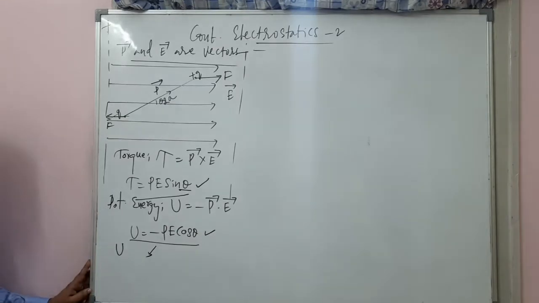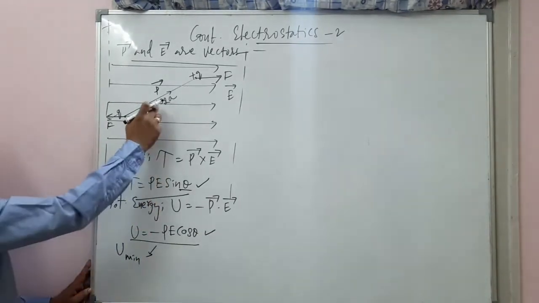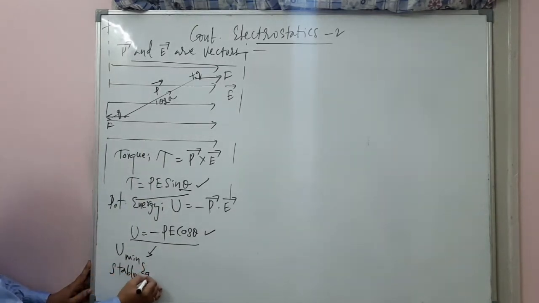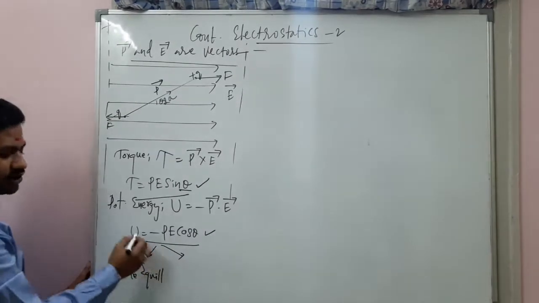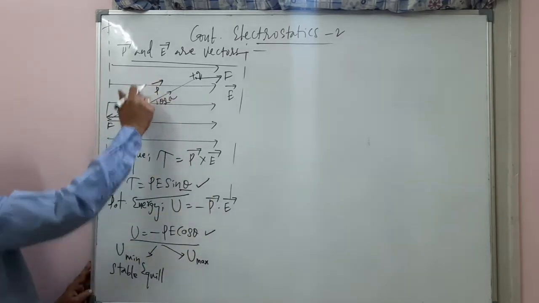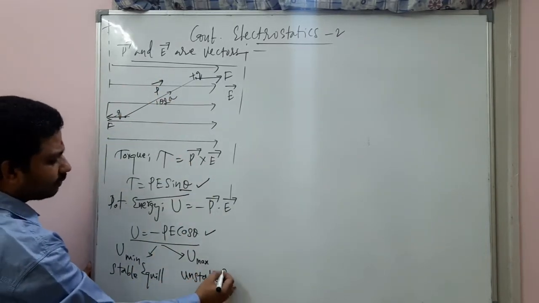Whenever this potential energy is minimum, that position of the dipole is called stable equilibrium. And whenever this potential energy is maximum, that position of the dipole is at unstable equilibrium.